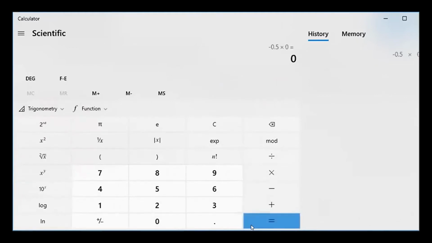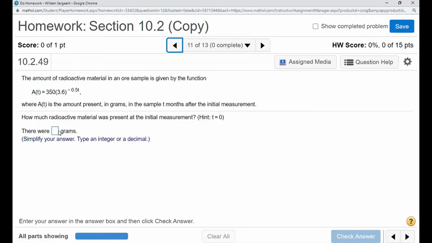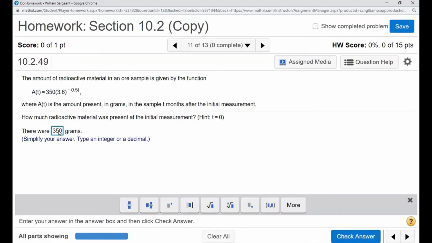Of course, that's just 0. And then 3.6 to the power of 0 is just 1. Multiplying that by the 350, we've got 350. Notice that 350 was the constant multiple of the exponential part.